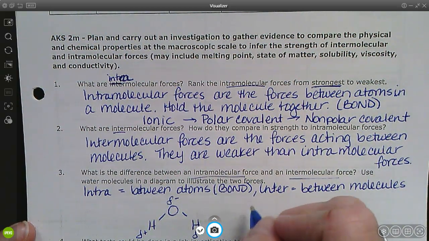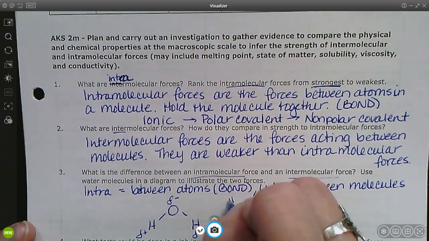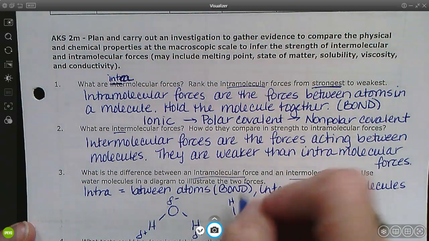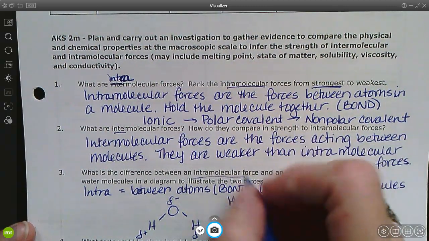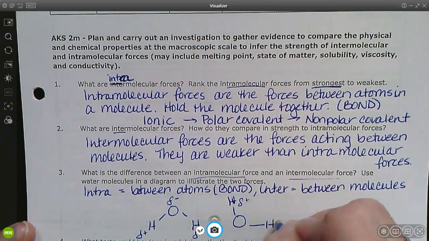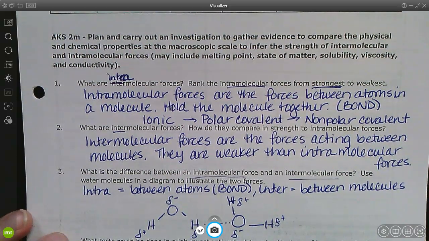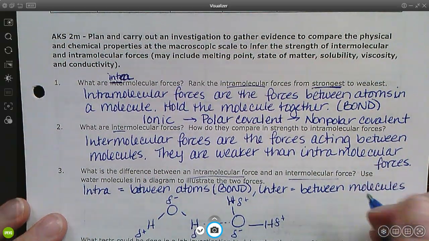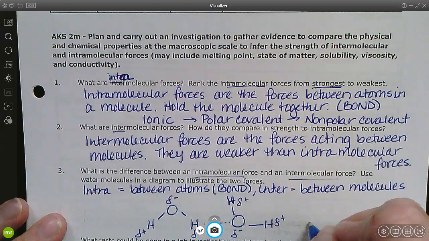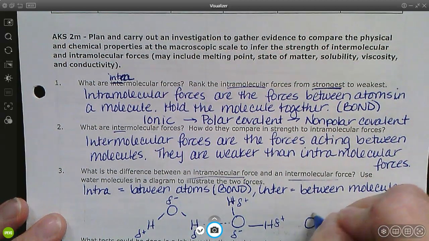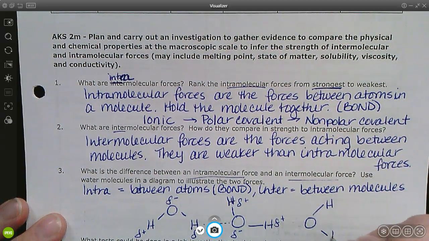So I could have another hydrogen and oxygen. So again, the hydrogens always have a slightly positive charge. And what I would see is that I would have several of these different orientations depending on what state they're in.